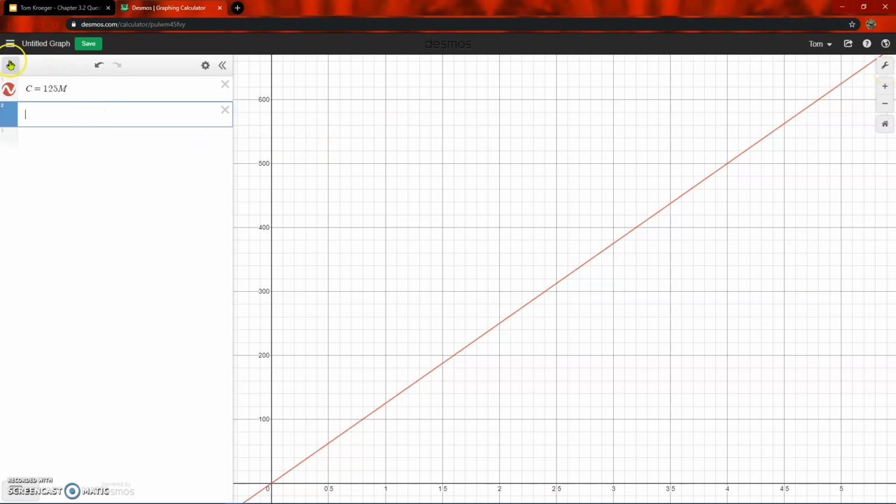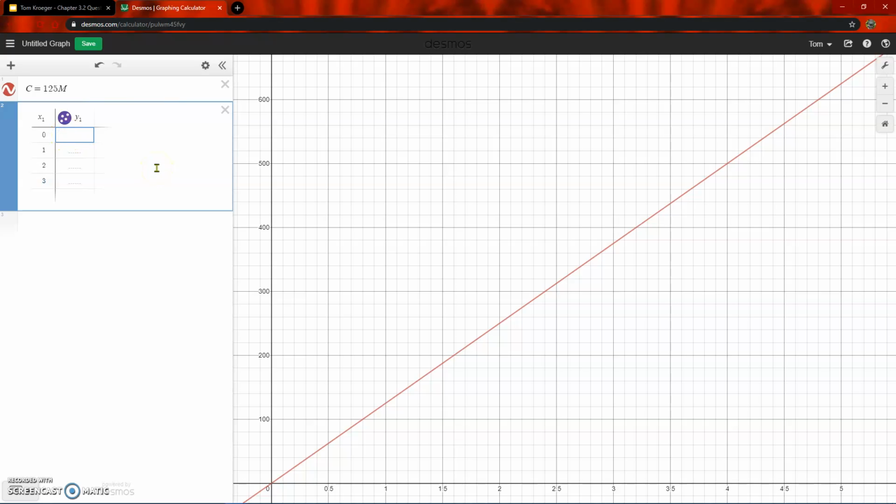Right? And now we're going to add a table. X is our independent, Y is our dependent. X is our miles, Y is our calories. And we want 0 miles, 1 mile, 2 miles, and 3 miles. And what's in there for us?